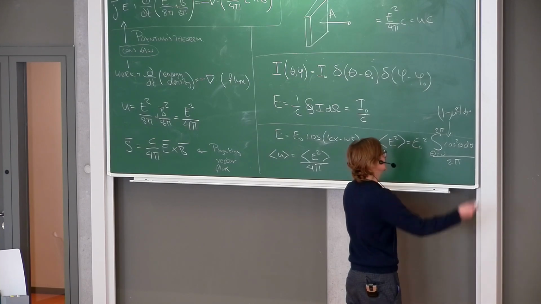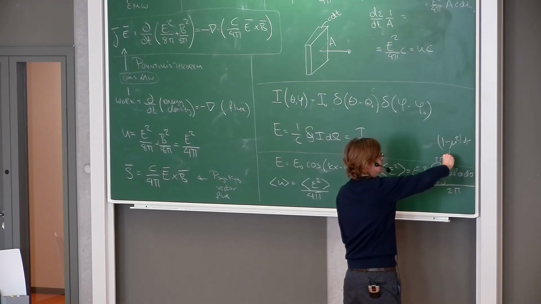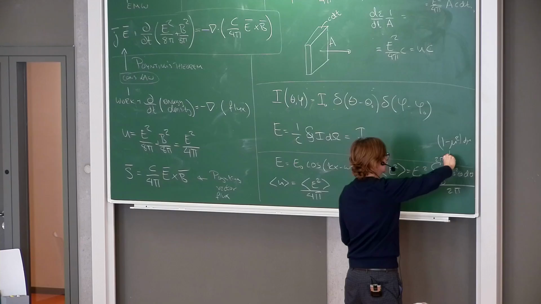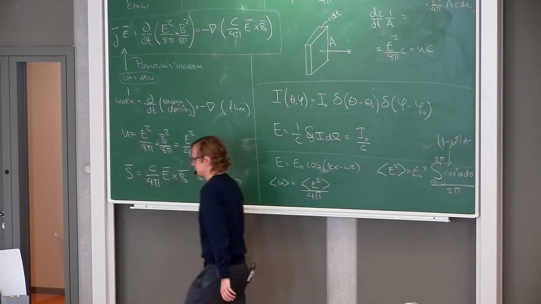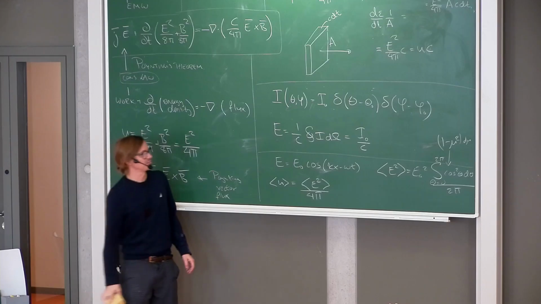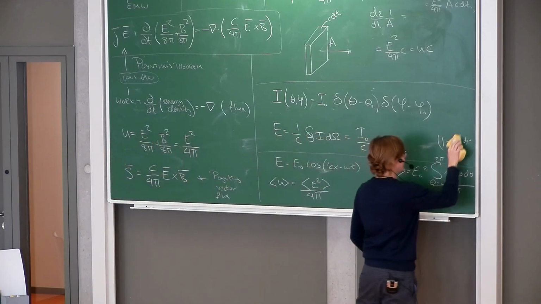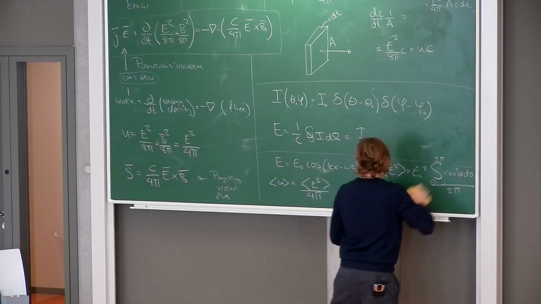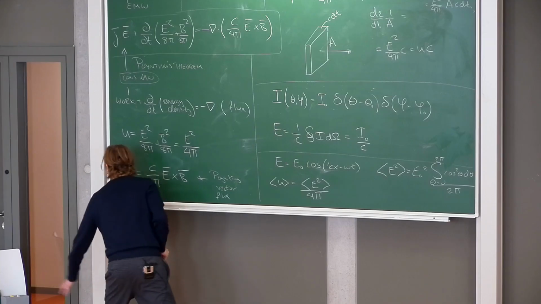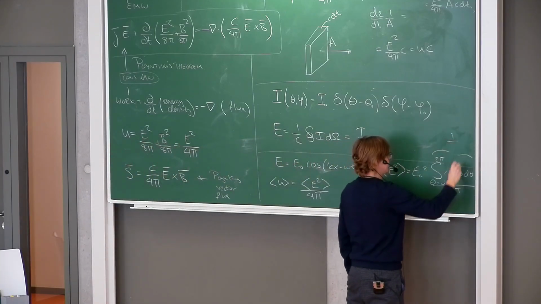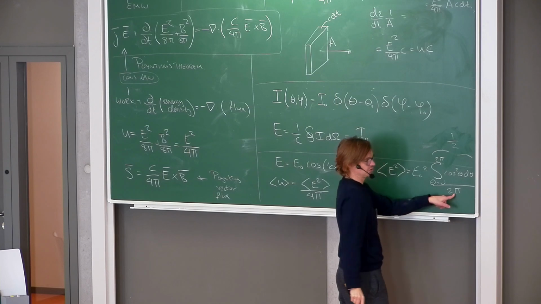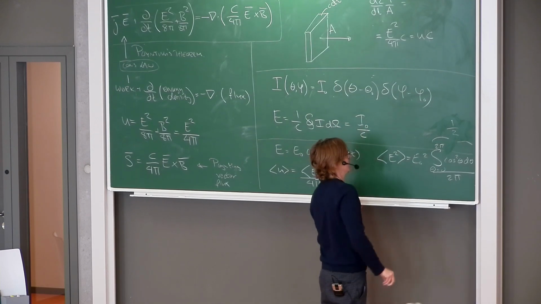Oh my God, now I did the wrong transformation here. My apologies, I was thinking ahead of another. This is of course not right, because mu is cosine of theta. You can do this integral yourself. It will come out as 1/2 when you divide it off by 2 pi.